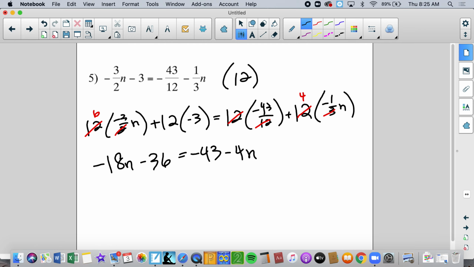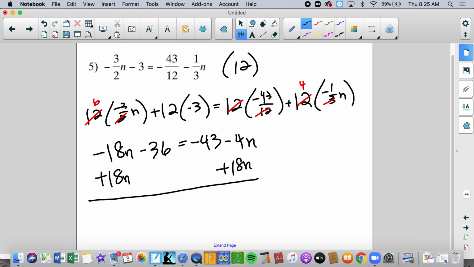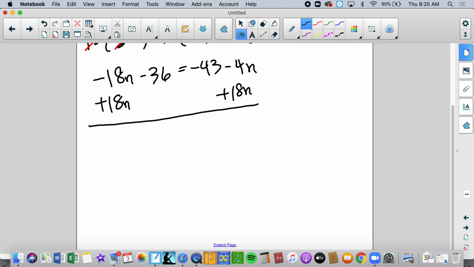Let's move the variables first. I'm going to move the 18n over here so I end up with a positive variable. That's my only reason behind that. Doesn't matter. You could have moved the negative 4n to the other side. Negative 36 equals negative 43 plus 14n. Let's add 43.